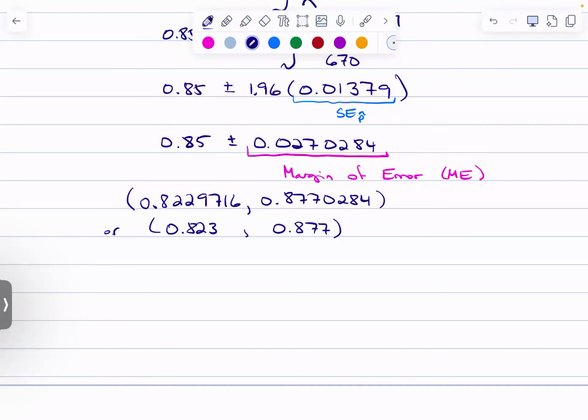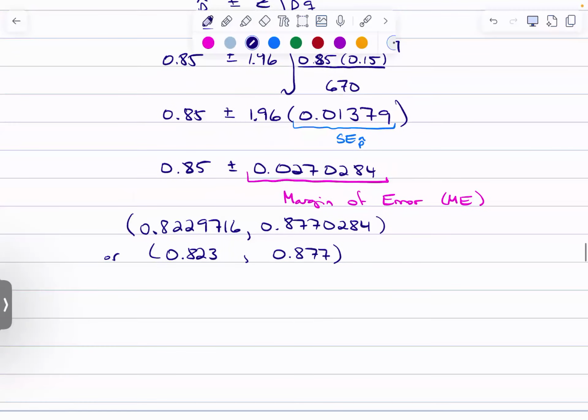But wait, there's more. We have to interpret the interval. It's only half the marks. It's just math, right? Can do it. Now, it's been a while since we interpreted an interval, but we use the same standard blurb.